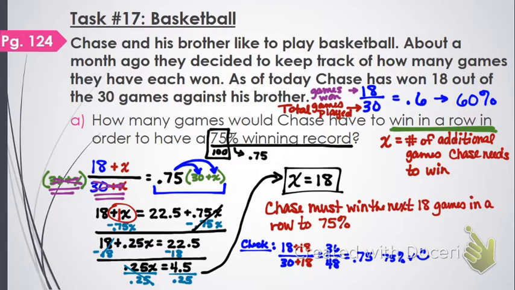Where is that in my original setup? It's after the equal sign. Would this side look the same for part B? What would this side look like for part B? 0.90, or you could just do 0.9.